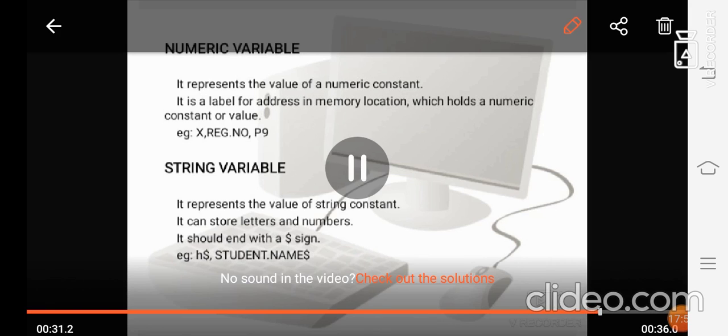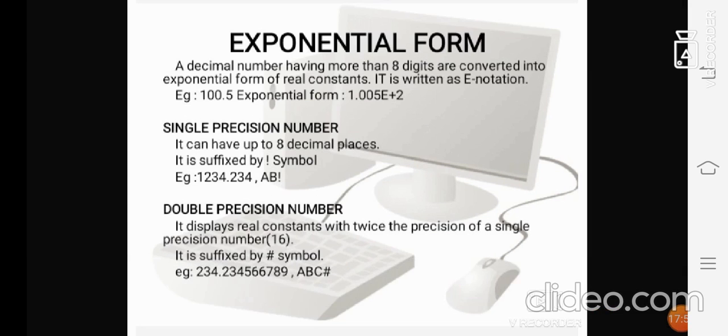Then we are moving to exponential form. Okay, this is the last topic we are going to discuss in this chapter. Under exponential form we have two types: one is single position number and the second one is double position number. These are the subunits for this exponential form.